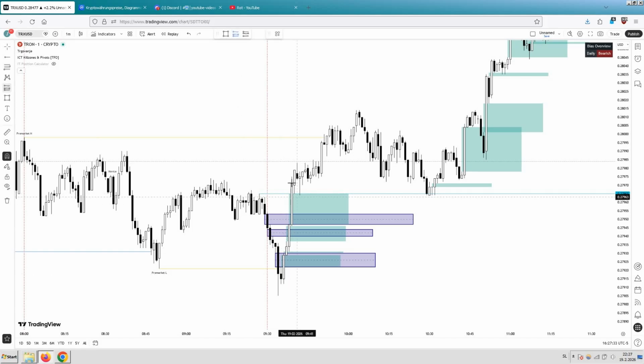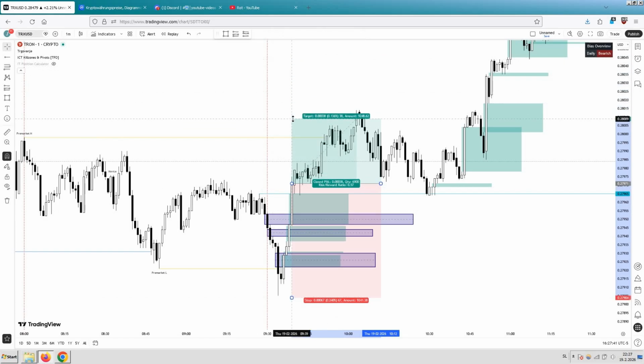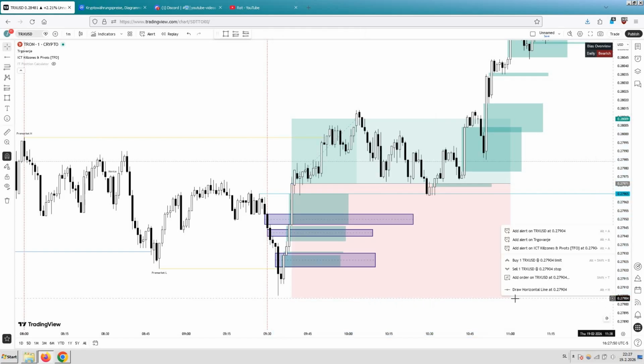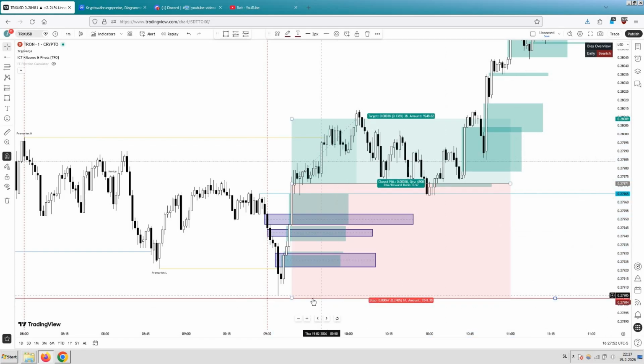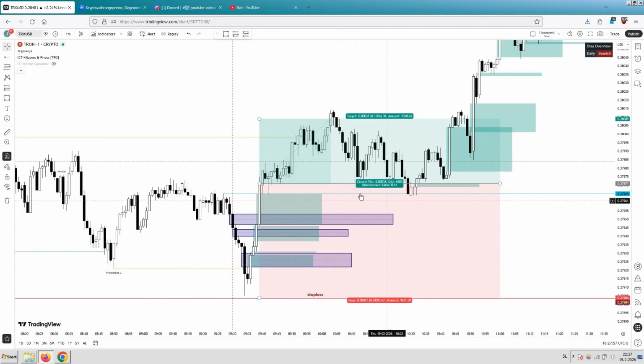So what would I do? Long. Take half off at 0.5, okay? I would take half of my position out, all right? And then I would put my stop loss to break even, okay? It's that simple.